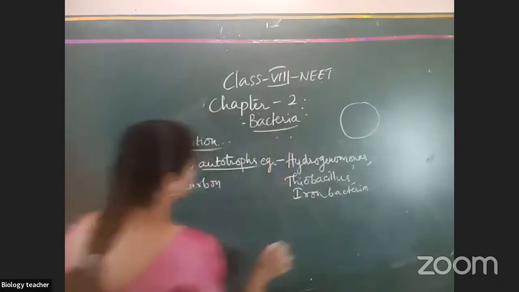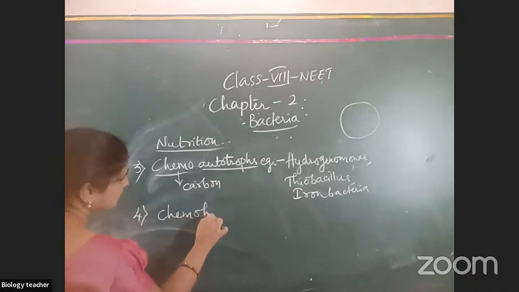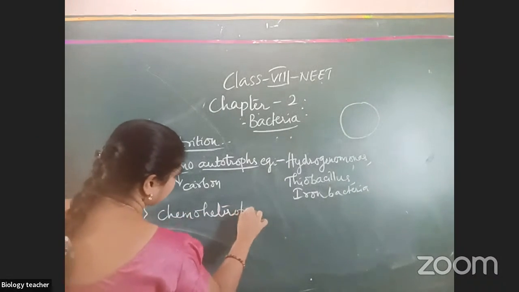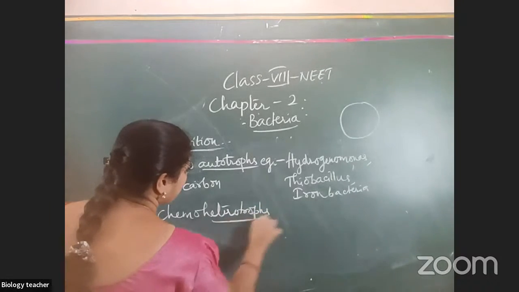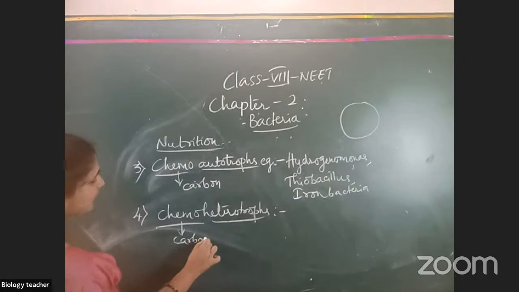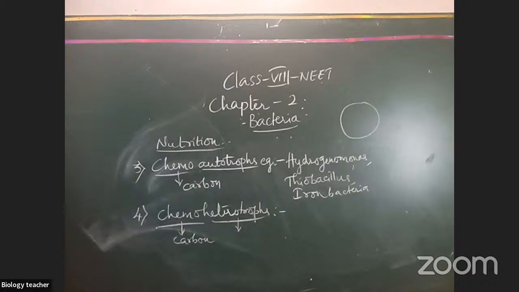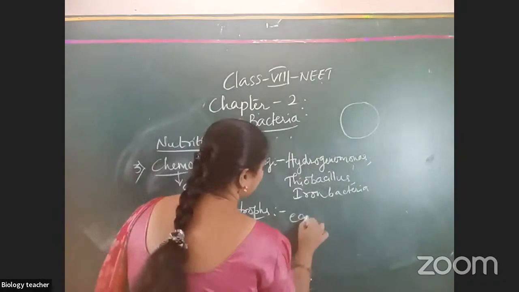These are the examples. Another one is chemoheterotrophs. Chemo means carbon or chemicals, and heterotrophs means they are depending on chemicals. So what are those? Parasites and saprophytes.